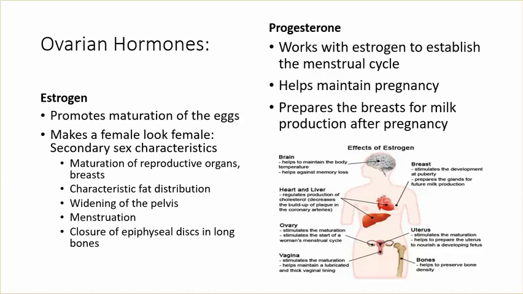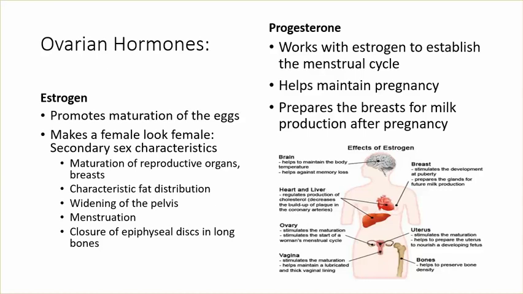So just like FSH promotes sperm production, estrogen promotes egg production. Right? It also makes the female secondary sex characteristics. So maturation of the reproductive organs and the breasts, widening of the pelvis. It's in control of menstruation. It's got something to do with growth in the epiphyseal plates, etc.